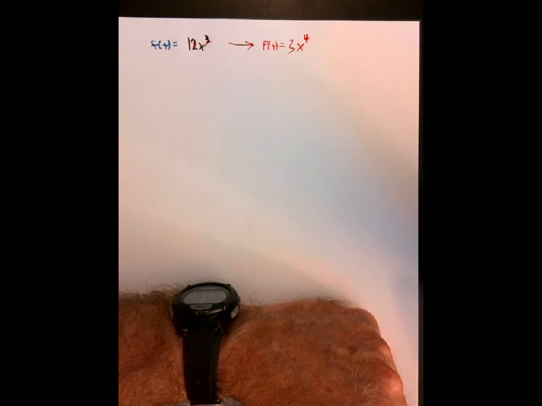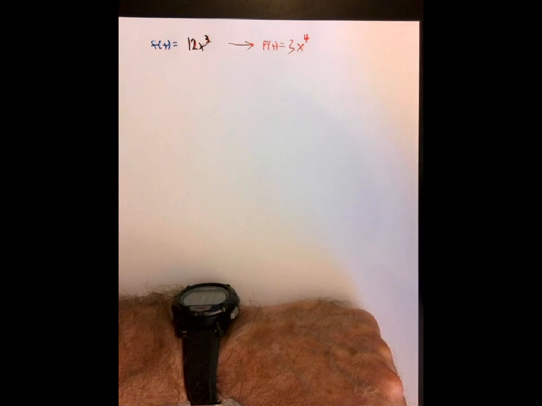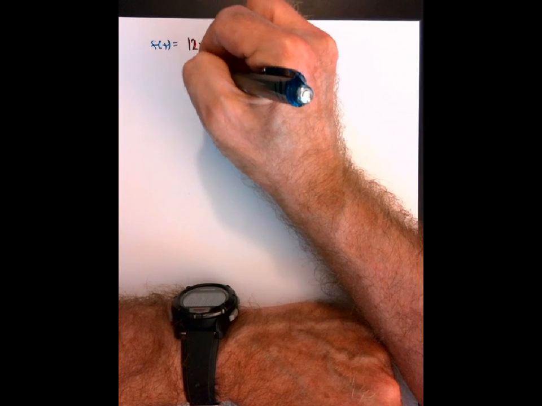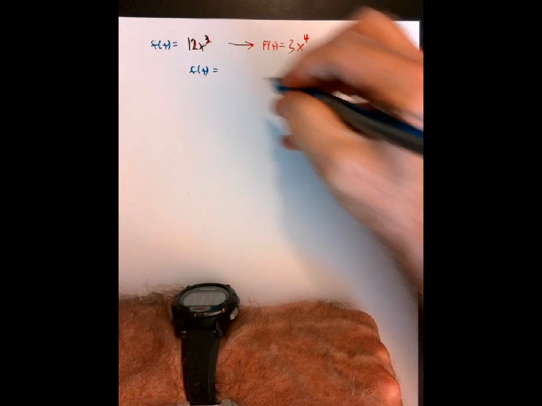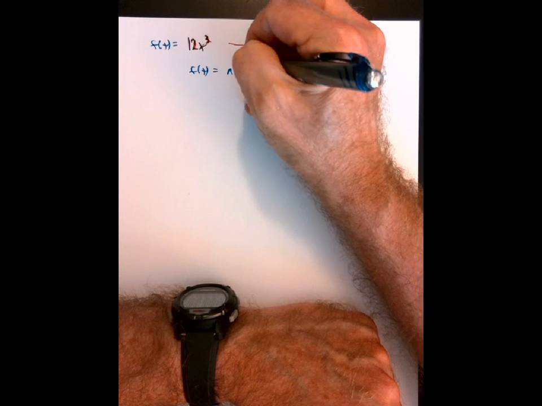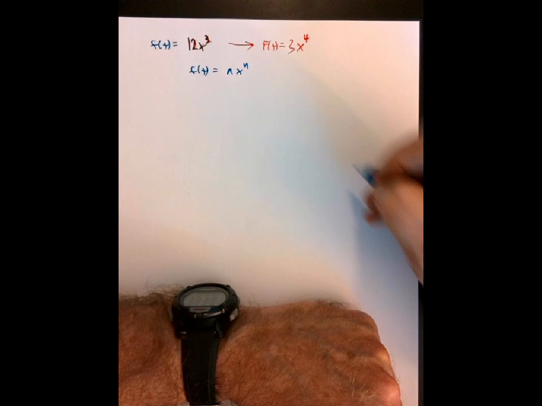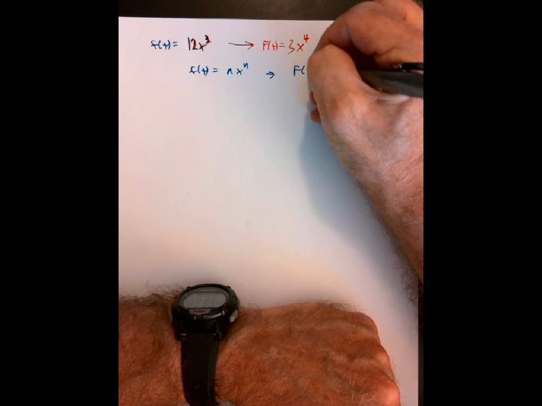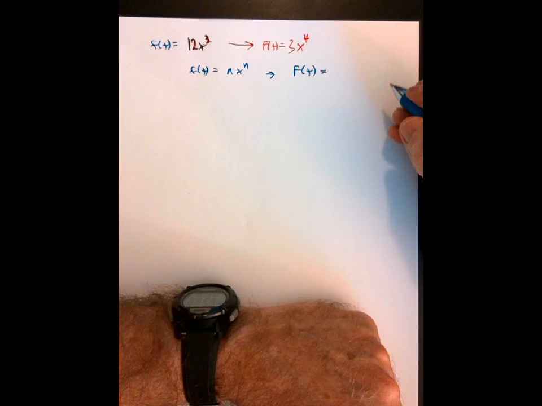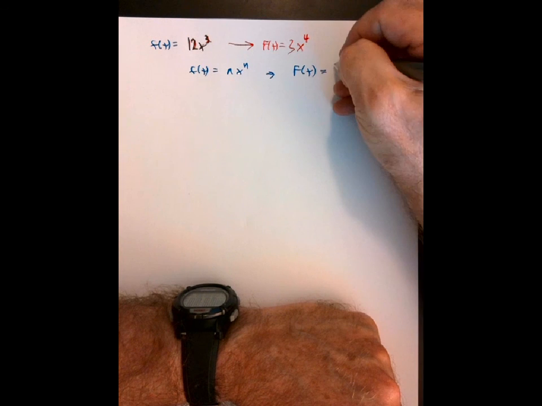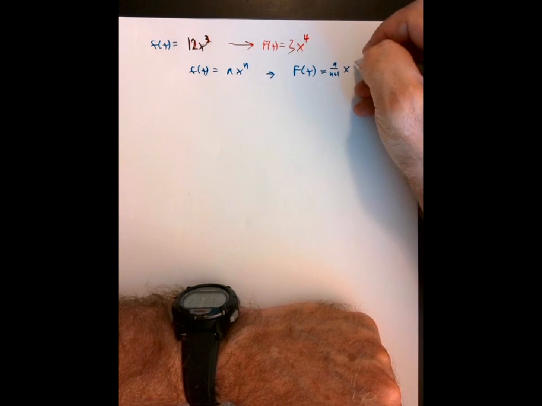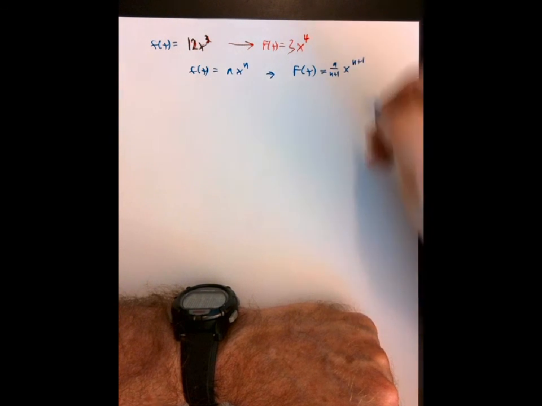But this one has a formula, okay? And it goes like this. If f of x is equal to a x to the n, then its antiderivative, big F of x, is equal to a over n plus 1 times x to the n plus 1.